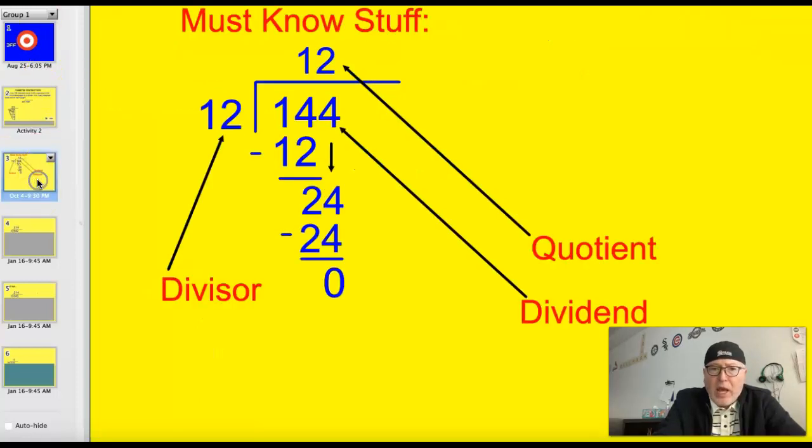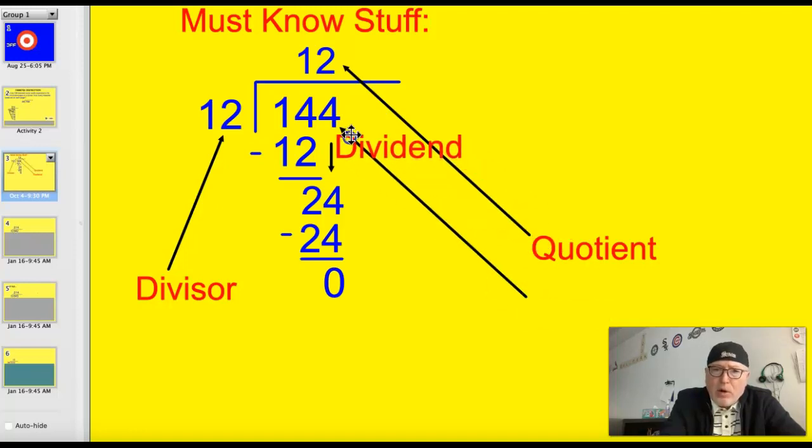Look, it's just some basic vocabulary. Here's must-know stuff. This is the quotient up here. I mentioned it once already. This is your answer to a division problem. Inside, this is the dividend, and outside, this is the divisor. Now, I know kids get these confused, and they're a little bit difficult to remember, but I remember it by the fact that typically the dividend is the bigger number, and it's inside.